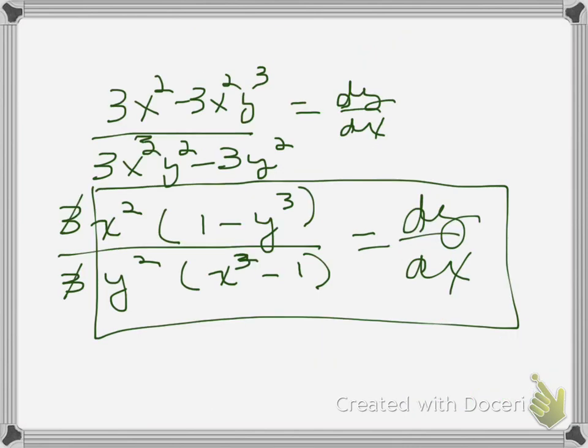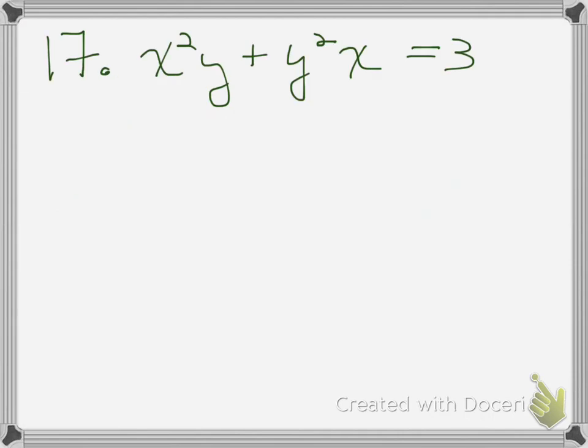Go into problem 17. In question 17, you have two sets of product rules, so get both of them. So left, d right, plus right, d left. That's the first pair.